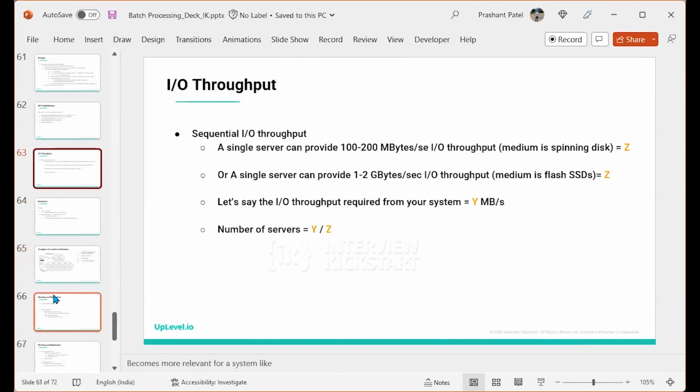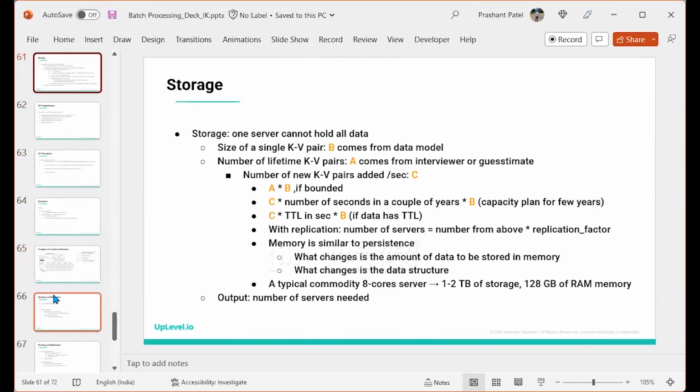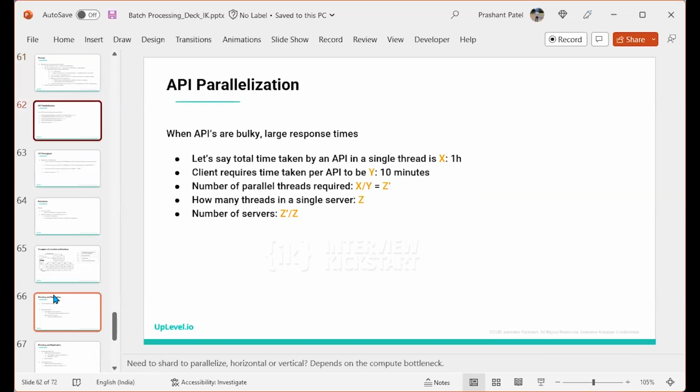These are the important things. For storage, you can discuss in your own simplified language how much data is generated and how much data each storage is able to handle. Also consider the amount generated times two, because you would be using their application as well. API parallelization, you can discuss, but it's not really required to have the calculations.